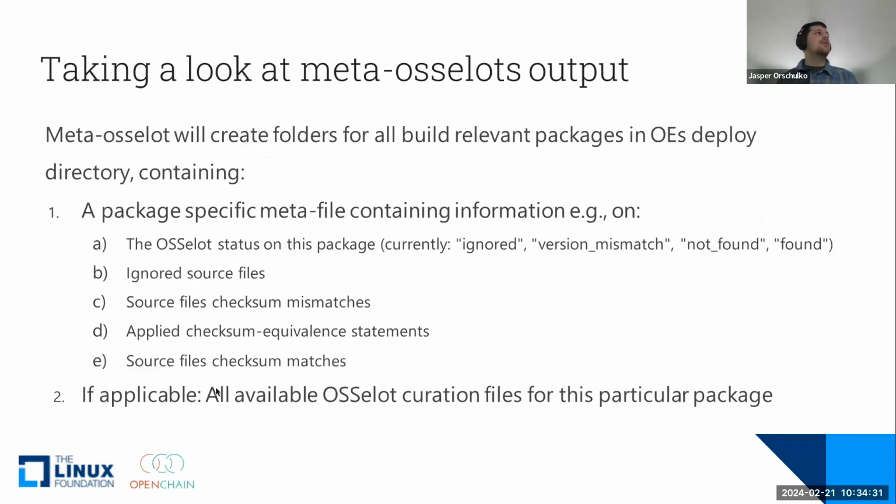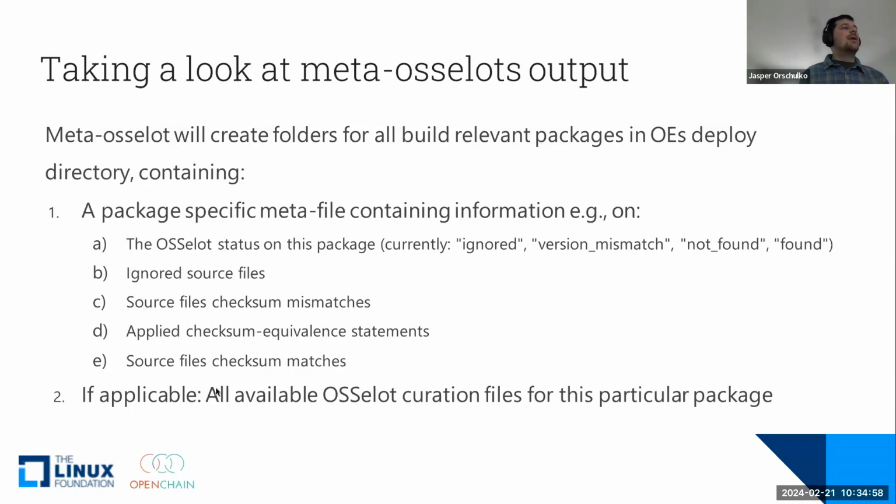All right. So speaking of Ocelot output, what actually is the output of Ocelot? Currently, meta-osselot will create a folder for all relevant packages. This currently also includes native packages, although you will see a status message that it has been ignored.